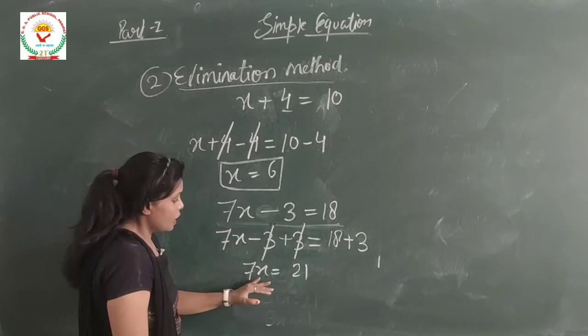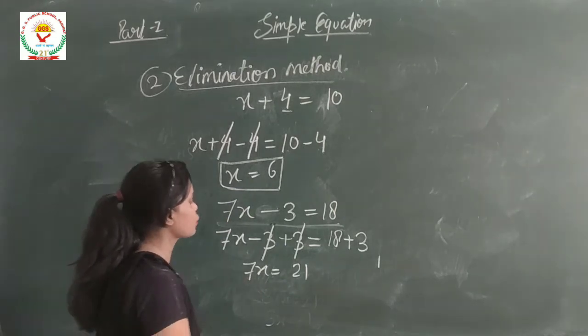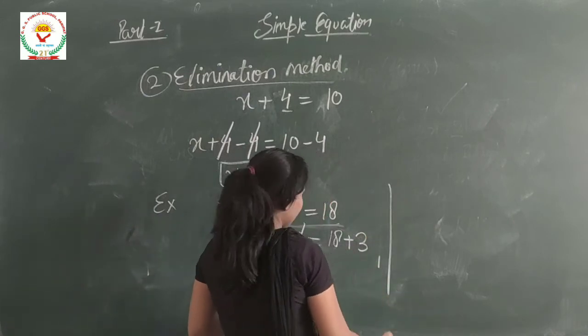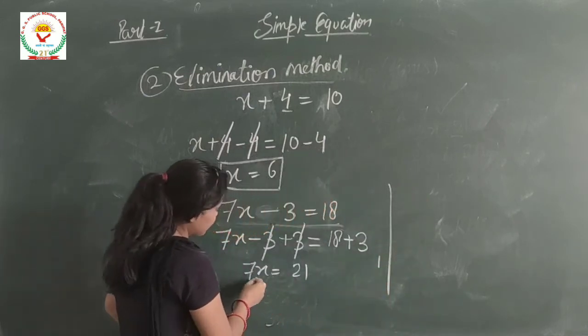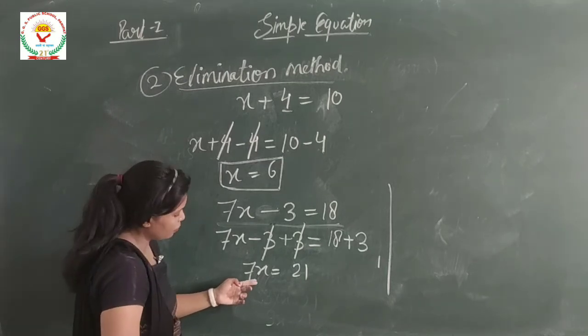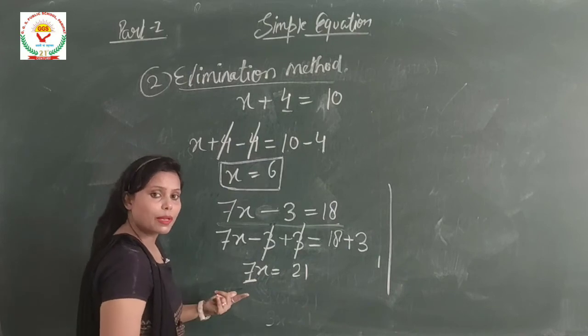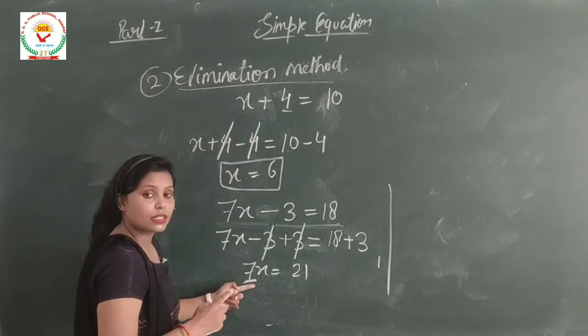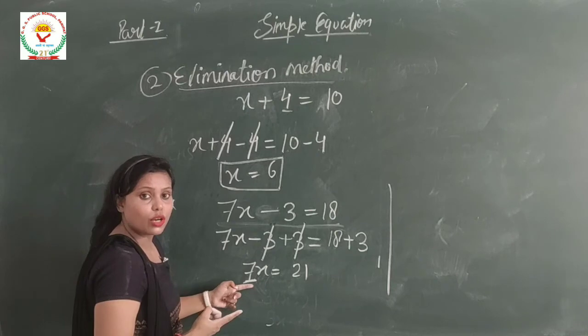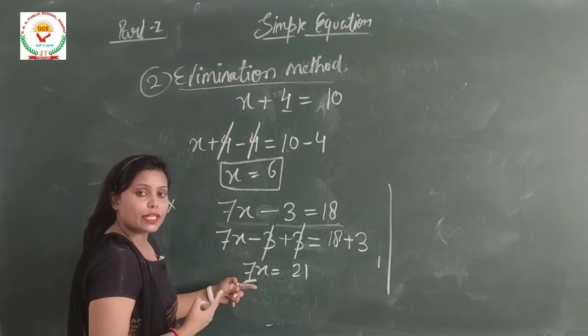Now we have another number also that we have to eliminate from here. So how will we eliminate 7? This 7 is in multiplication, right? This is multiplied with the x. So what is the opposite of multiply? Divide. The opposite of multiplication is divide.